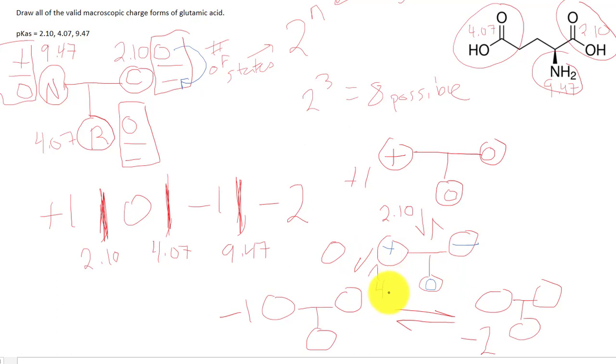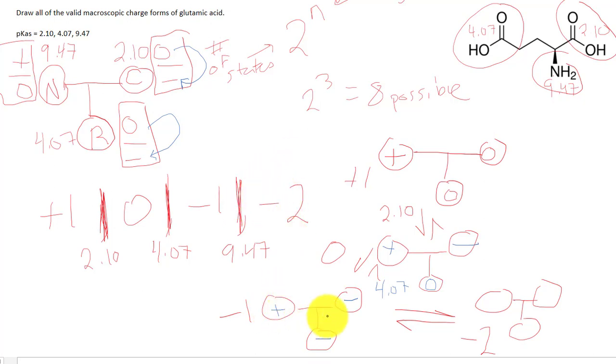Then we're going to cross through a pKa of 4.07. And at that pKa of 4.07, we are going to switch the R group. If you recall, our R group switches at 4.07 from one state to the other. And that is going to change our side chain from neutral to negative. So now we have one at the C-terminus, we have one at the R, and our N-terminus is still positive.